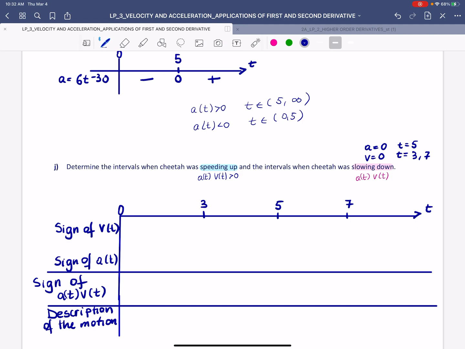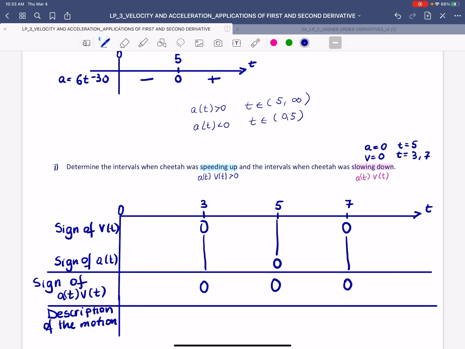So recall that at 3 and 7, velocity was 0. So velocity is 0 at time equals 3 and time equals 7 seconds. Acceleration is 0 at 5 seconds. So the product will be 0 at 3, 5, and 7.